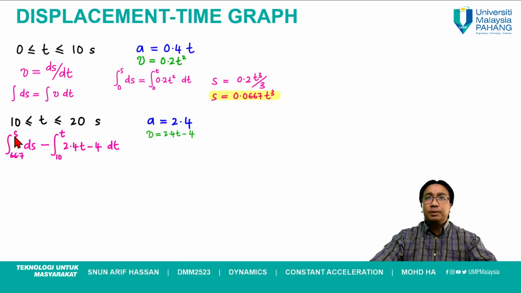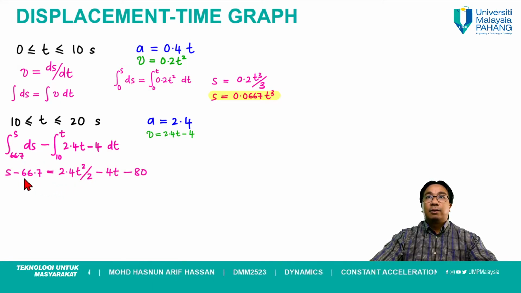Okay. So left hand side, apa yang you dapat on the left hand side? Anyone? On the left hand side. Correct. On the left hand side, you dapat S minus 66.7. Okay.